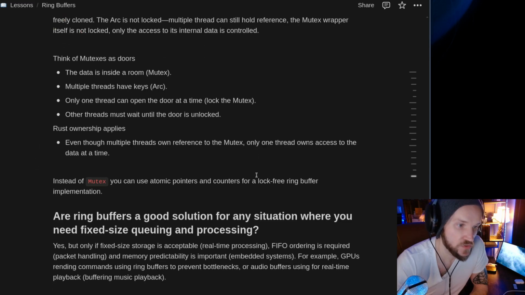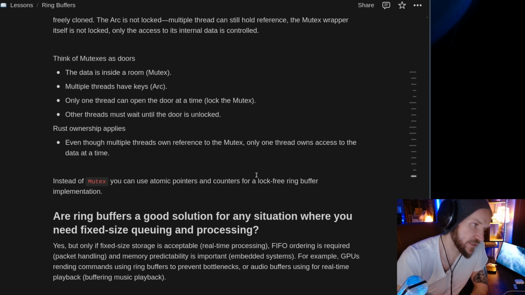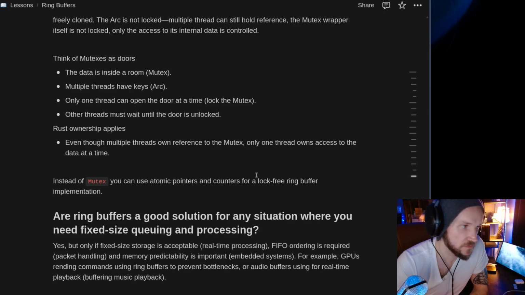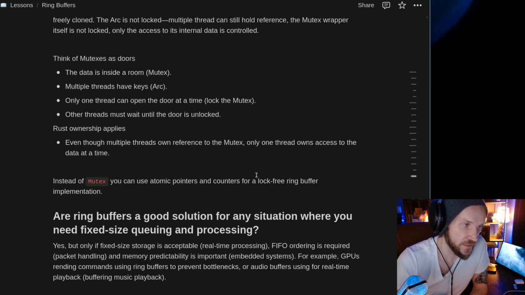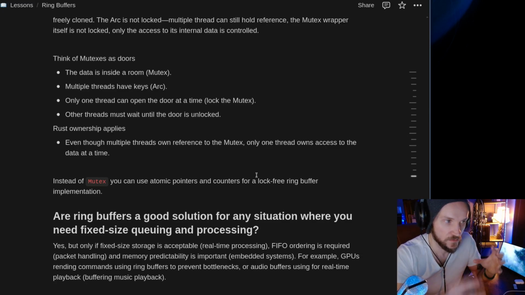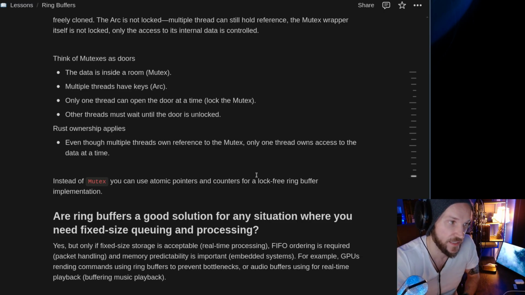Instead of mutex, you can use atomic pointers and counters for a lock-free ring buffer. And like I said, guys, don't always try to implement lock-free. It really depends on your situation. Implementing lock-free concurrency can be very difficult to reason about, because there's just a lot going on with the threads, and it's hard to keep straight the operations that they're doing in a completely lock-free environment.